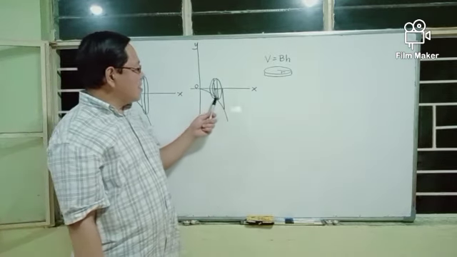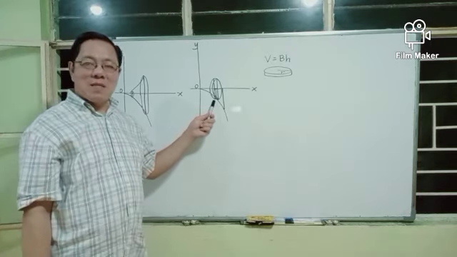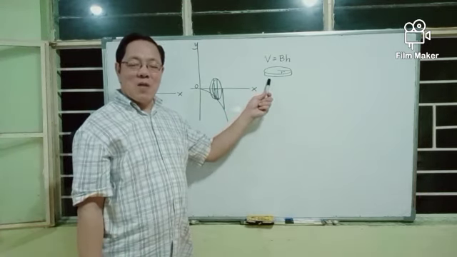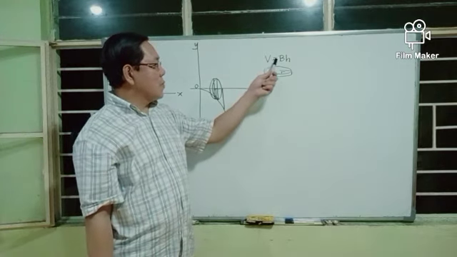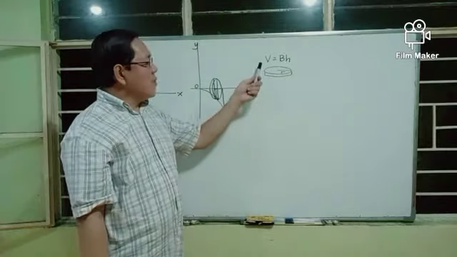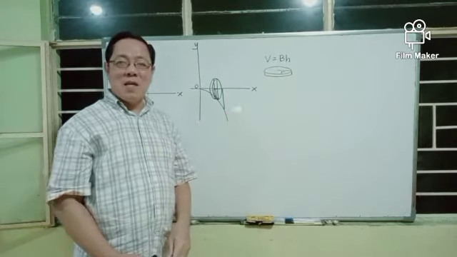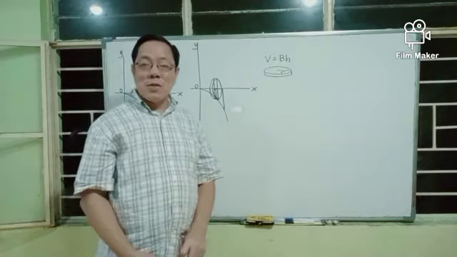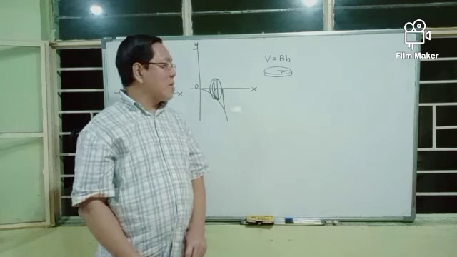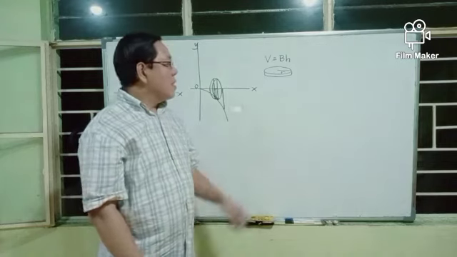The disc is in the form of a cylinder. And by formula, the volume of a cylinder is equal to the base of the cylinder multiplied by the height. And we make use of this formula if the line through the centers of the bases is perpendicular to the base.